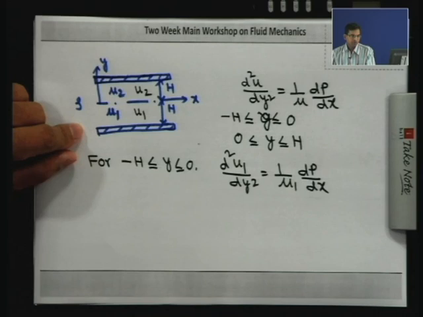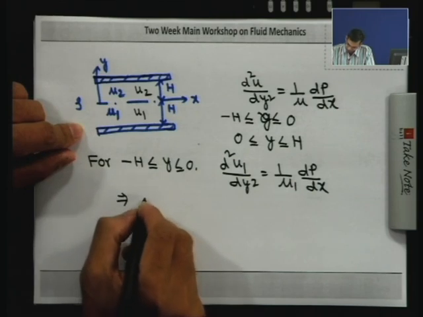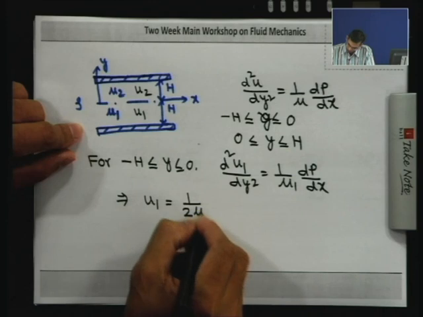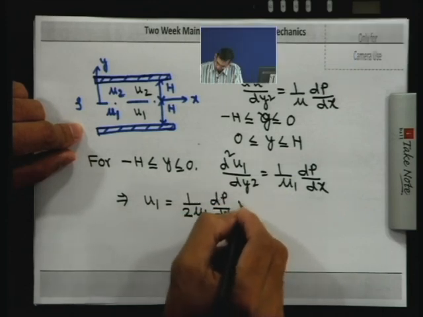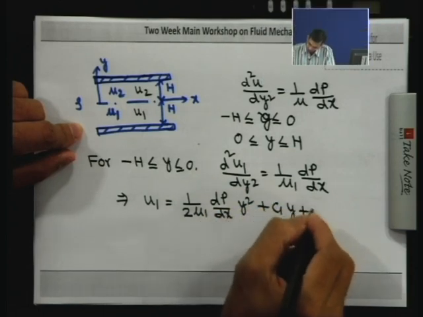Now, if we integrate this equation, we get the velocity profile as u1 = 1/(2 mu1) dP/dx y squared plus c1 y plus c2.